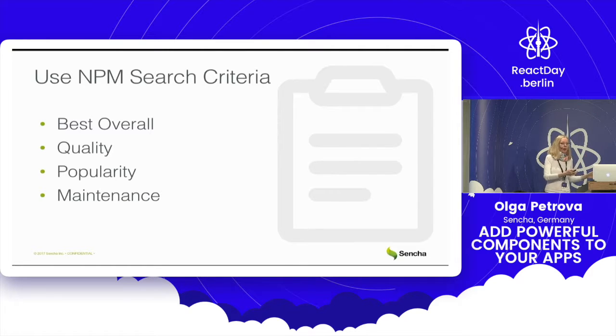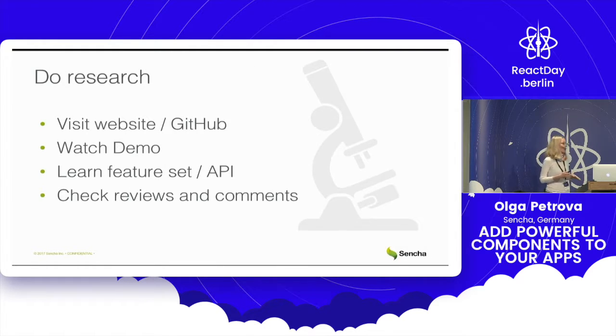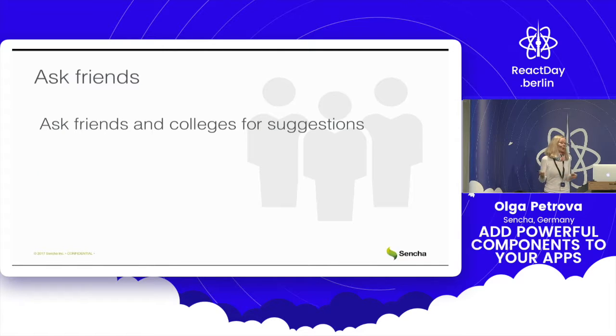Of course, we could trust NPM search criteria and use it to pick a component, or we could perform research ourselves, visit websites, watch demos, learn feature set and APIs, check reviews and comments, or we could ask friends and colleagues for suggestions.